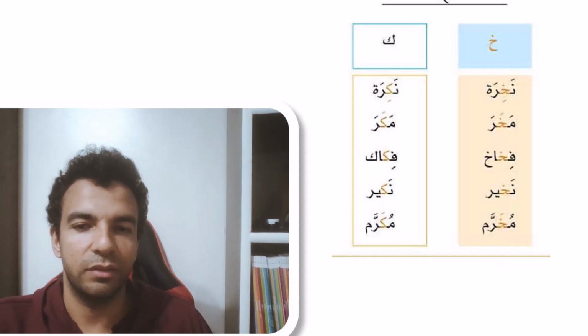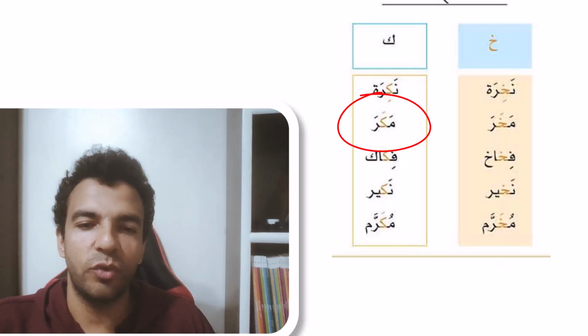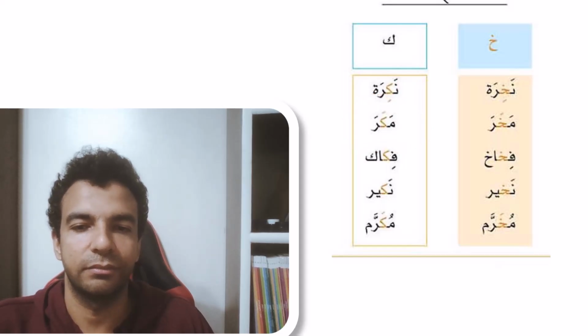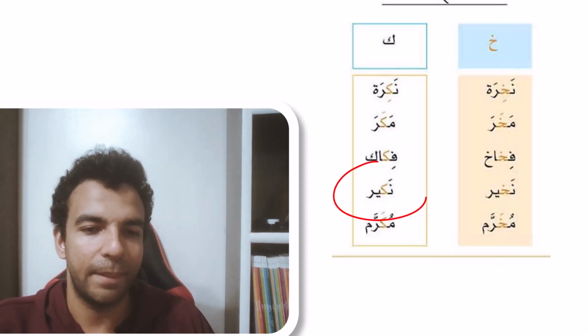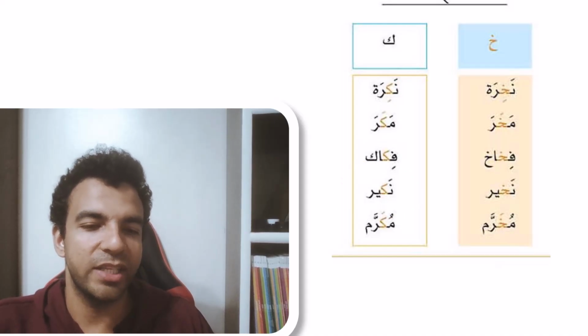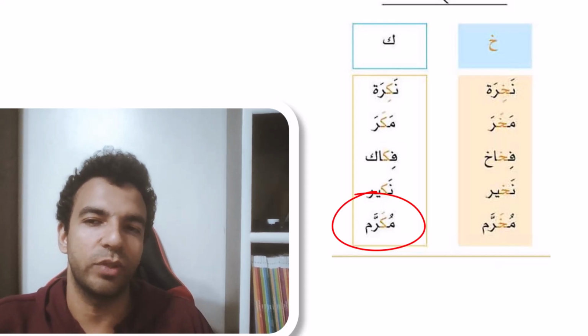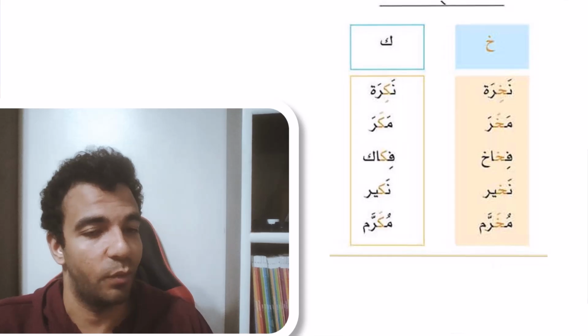For the first one, which one is nakira? Exactly. Which one is makara? Great. Which one is fikak? Perfect. Which one is nakir? Amazing. Which one is mukarram? Right. That's absolutely perfect. Hopefully you chose the right ones.